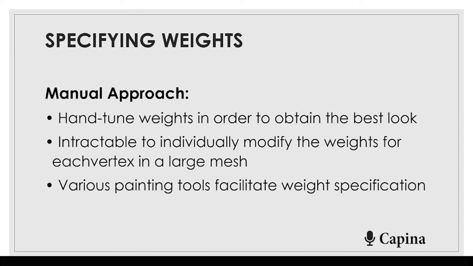So, hindi daw madali na ma-modify yung mga weights for each vertex kapag malaki yung mesh. Next is various painting tools facilitate weight specification. So, isang way daw para ma-figure out natin yung weight of our 3D model is to use painting tools, or by painting it on its skin.